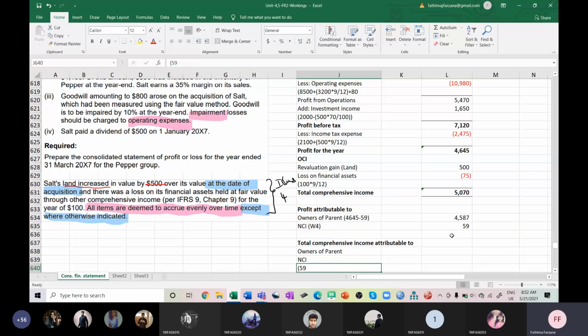NCI, we know already they have 59, right? That is from the profit or loss statement, only P&L. How about OCI? How much do they have? What is their share in that revaluation gain of 500 and loss of the financial asset?